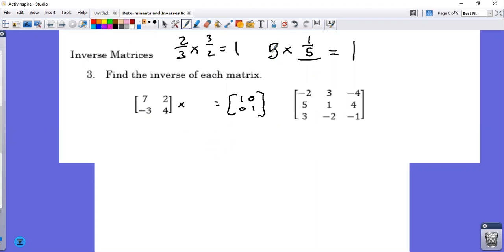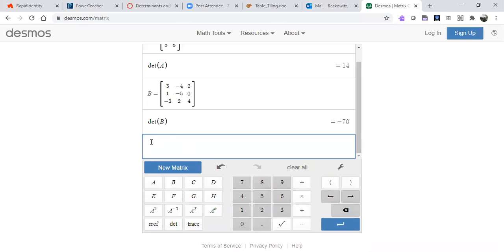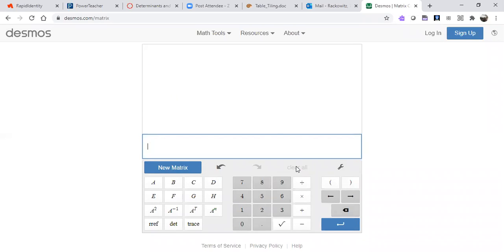So when you multiply and it equals the identity, that's called the inverse. So the inverse of just a regular number is its reciprocal. The inverse of a matrix is what you'd multiply to get the identity matrix. So I'm going to clear those old ones.